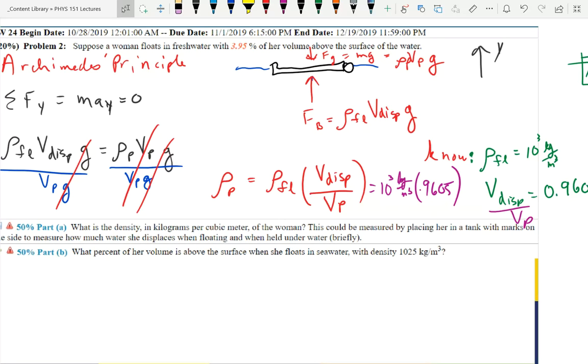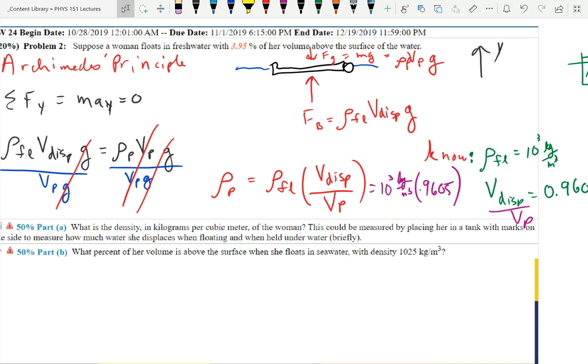Now, part B, what percent of the volume is above the surface when she floats in seawater, which has a density of 1,025 kilograms per meter cubed? How could we find that? Okay, we have our equation that's already done.